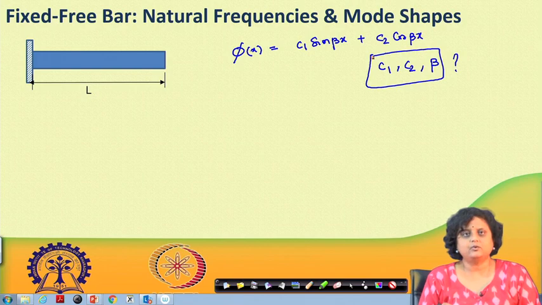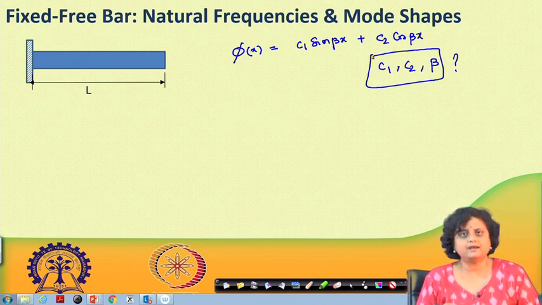This is going to depend entirely on the boundary conditions of the bar that we are dealing with. The boundary conditions of the bar can be several. It could be a fixed boundary condition, a free boundary condition, it could have a concentrated tip mass at one of the ends, or it could also have a spring at one of the ends.